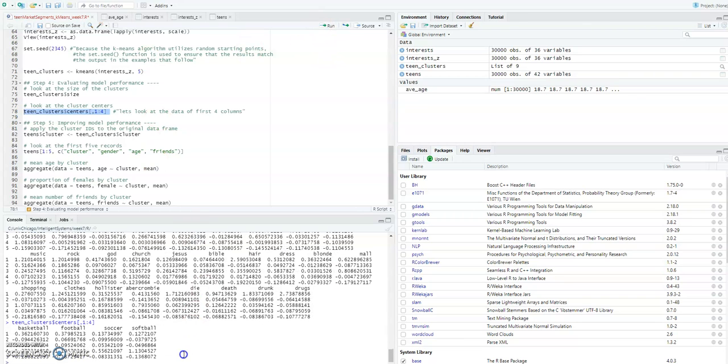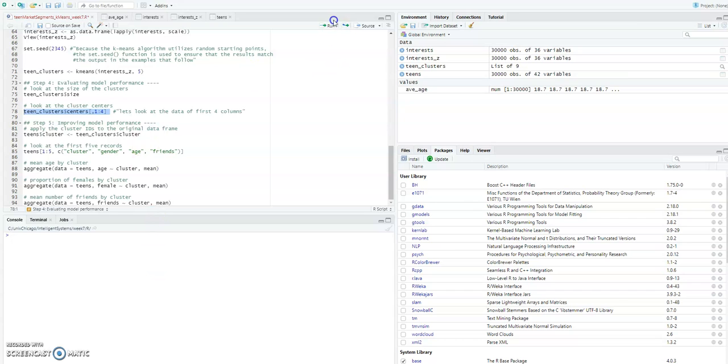Okay, let me just clean this up and rerun it again. So if you take a look at those first 4 columns, that is basketball, football, soccer, football, you will see that the first cluster over here seems to have a relatively good amount of interest in the sports.